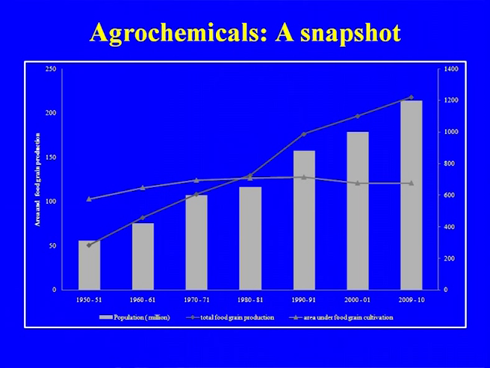This is again about the population, the total food grain production and the area under food grain cultivation, and the fruit crop pattern that we have in India.